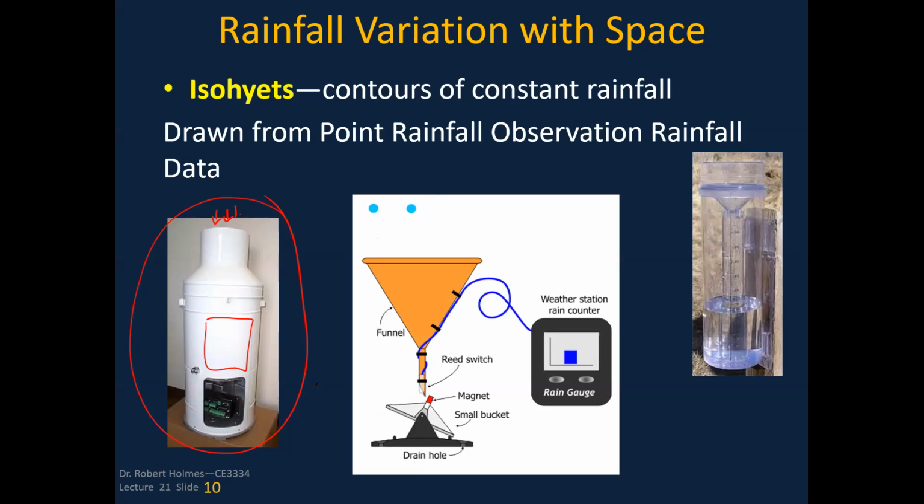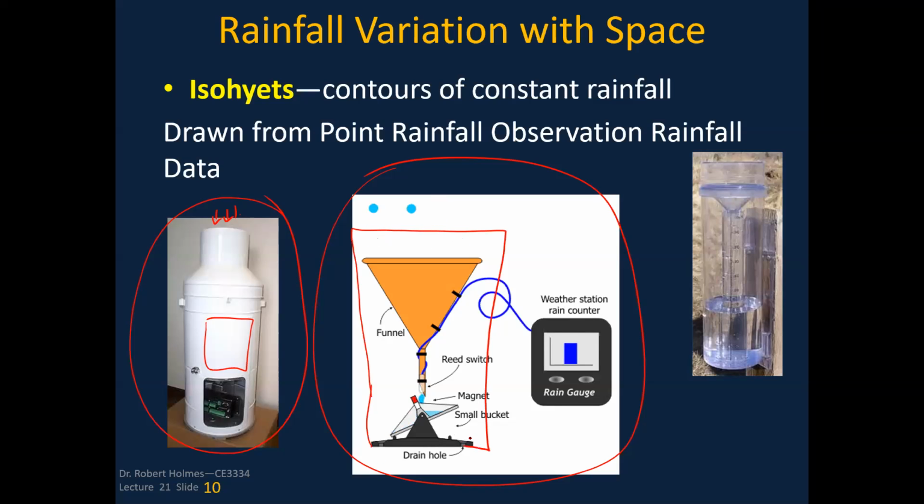The tipping bucket is what you're seeing in this graphic here. And basically, you've got a little teeter-totter mechanism. Typically the outer shield is removed here so you can see, but that outer shield shields all this internal mechanism. If you were just looking at it, you wouldn't know that there's this mechanism going on in here. But you've got a funneling system that funnels the water coming in down on top of this teeter-totter.